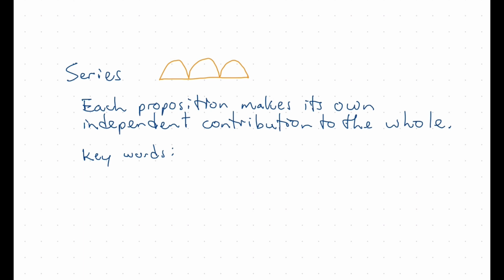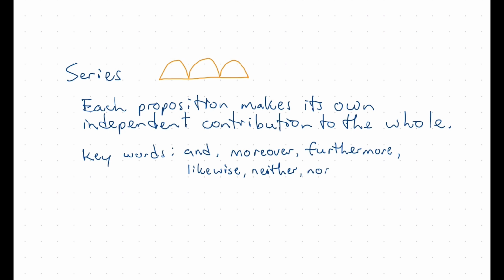And if you're looking at your cheat sheet, you'll see some of the keywords that let us know that this is a relationship of series are the words and, moreover, and furthermore, words like likewise, neither nor can be a listed series.